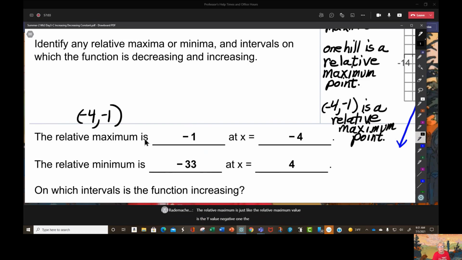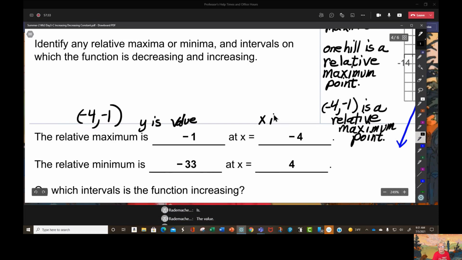The relative maximum is -1, at x equals -4. Let's say y is the value and x is the location.